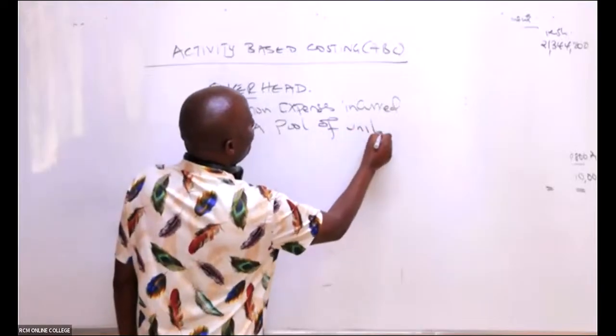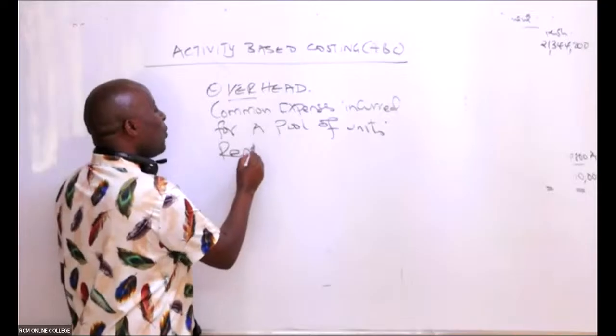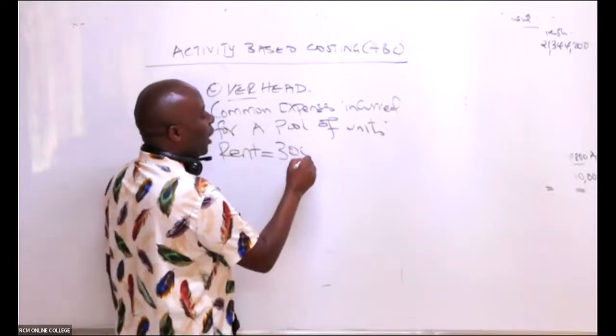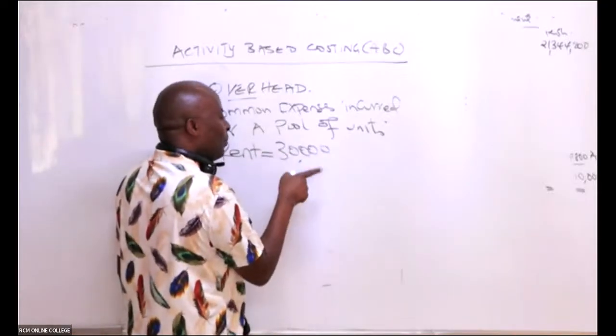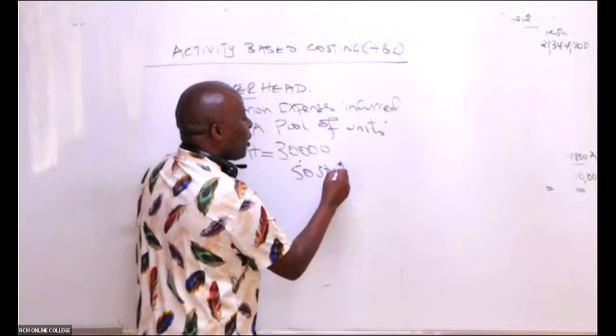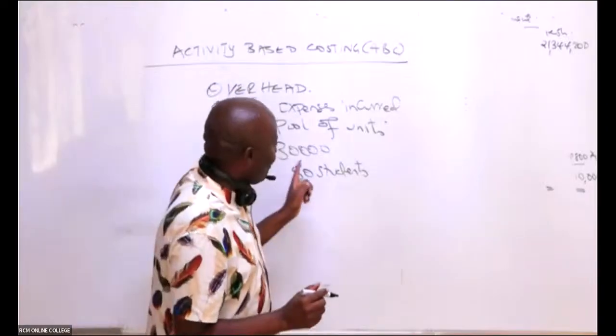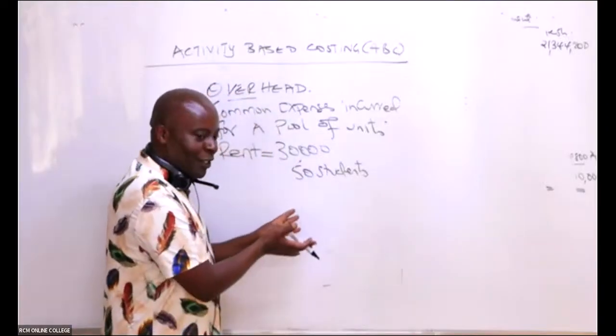They could be 100 units. For example, when we pay rent of say 30,000 for this room, and we are paying this for say 50 students to be comfortable, the room can accommodate 50 students. So you see the rent paid here, 30,000, is common for the 50 students.